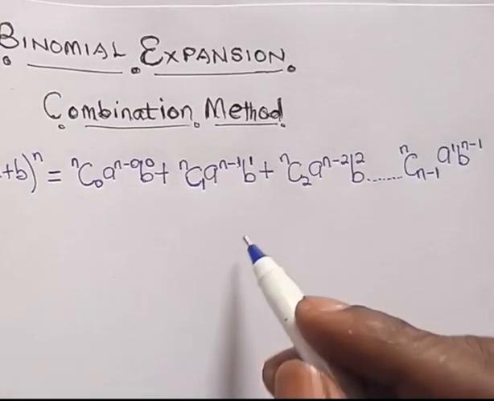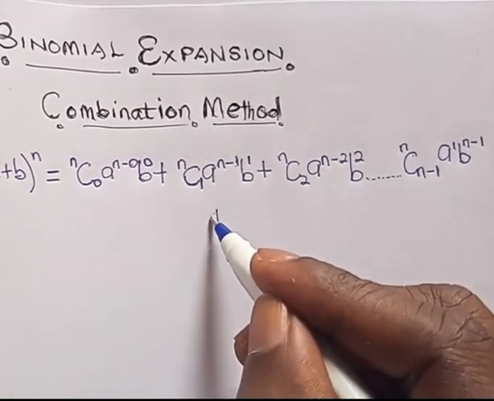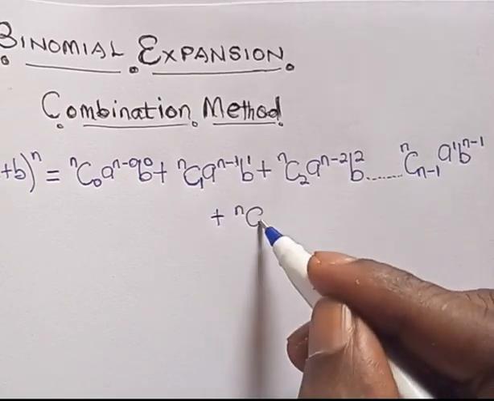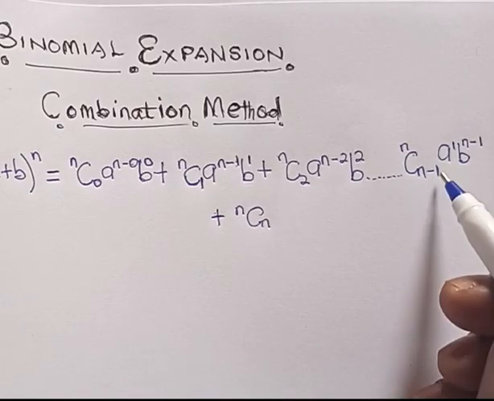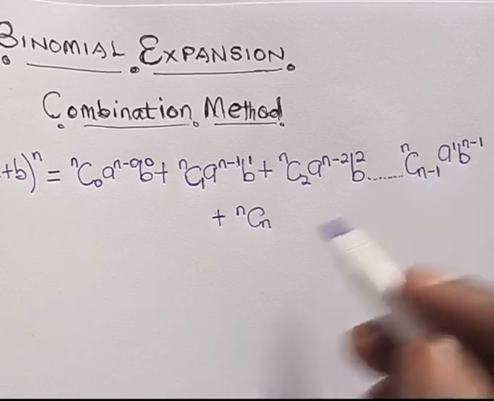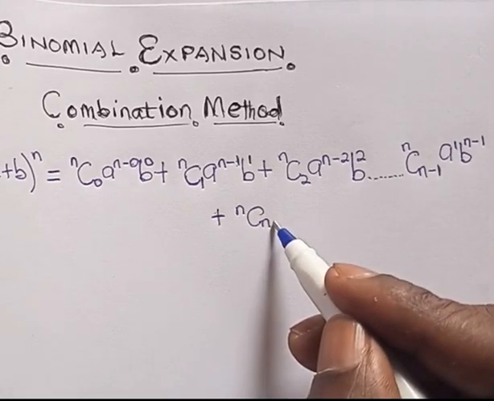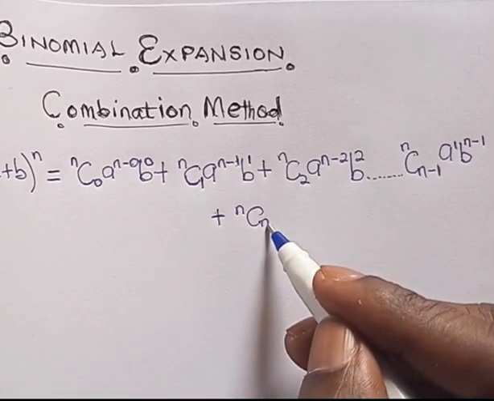Let me continue from here, plus n combination n, and because here we subtracted 1, if we add 1, then this 1 will go, so we have this as n.